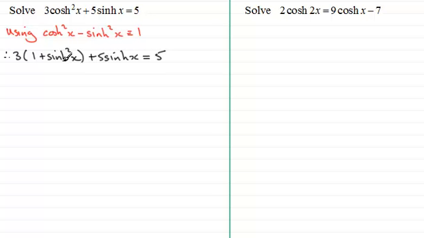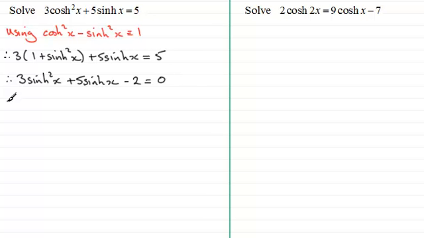And if I expand the bracket and rearrange it, because what we're going to have is a quadratic equation in sinh x, we can see we get 3 sinh squared x, and then plus 5 sinh x, and then I'm going to have 3 here. And if I subtract 5 from both sides, it's going to reduce down to minus 2, and that's going to equal 0.